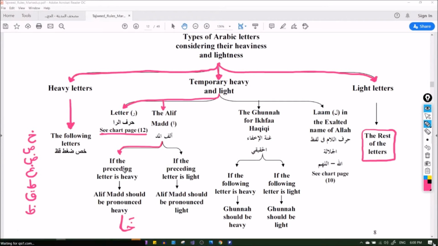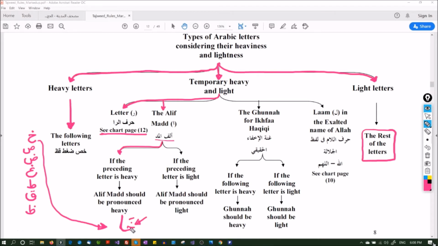So if the preceding letter is heavy, which here we know is heavy, we're getting it from the heavy letters, Kha is heavy, Alif Mad should be pronounced heavy.